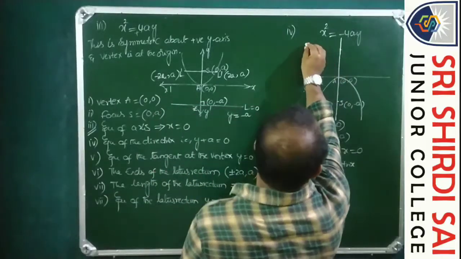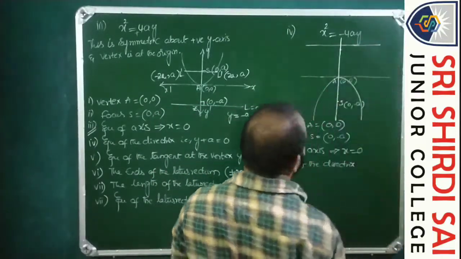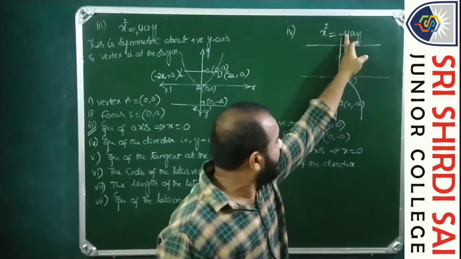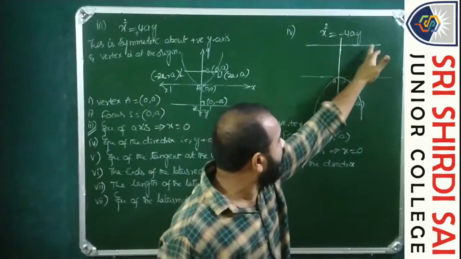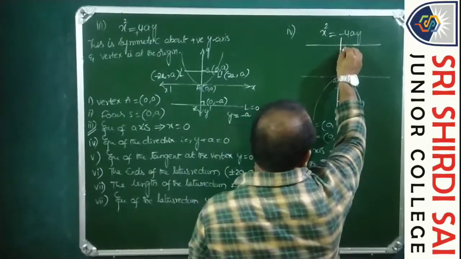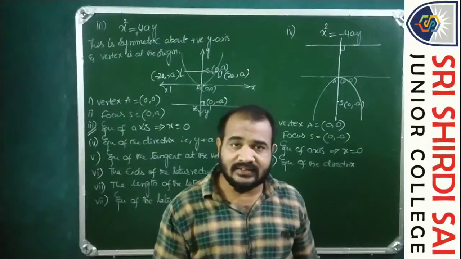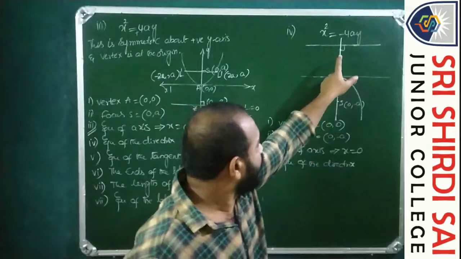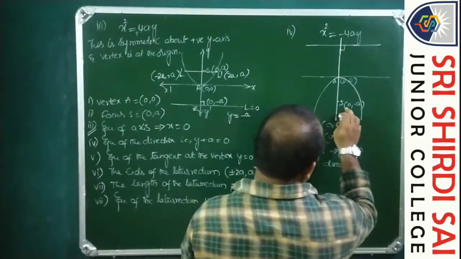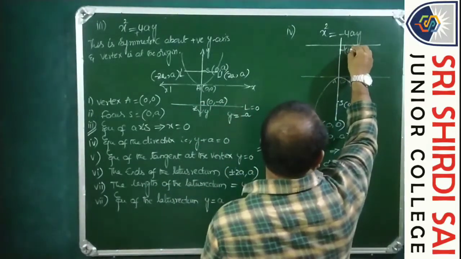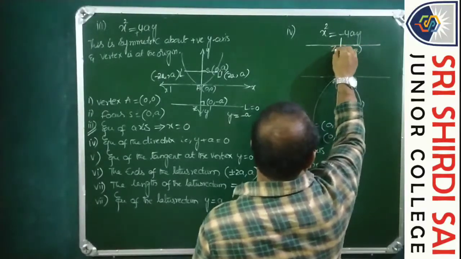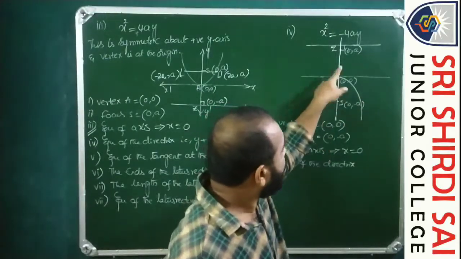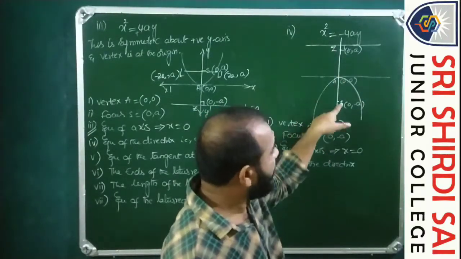So this is the line. What is this line? This line is perpendicular to the principal axis. So the principal axis and the directrix are mutually perpendicular. Therefore, if this is 0 comma minus a, this is 0 comma plus a. This is Z, the foot of the directrix. So the origin is the midpoint between Z, the foot of the directrix, and the focus.